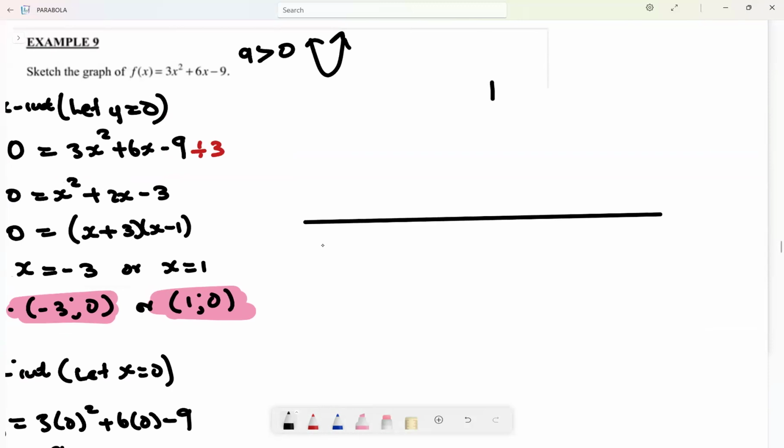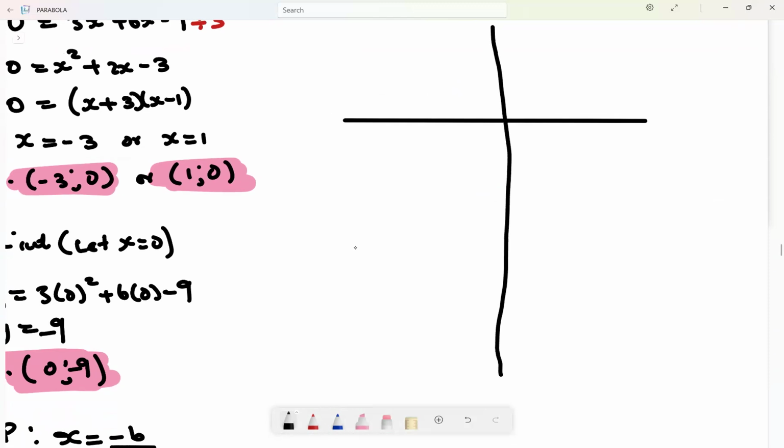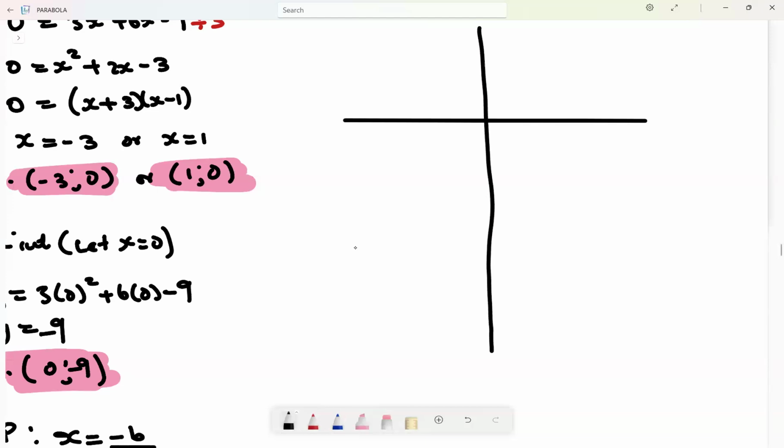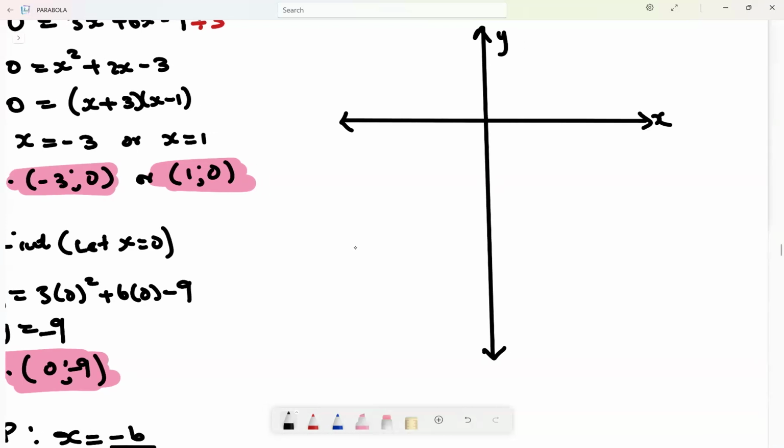I want to draw it nicely so that we are okay. Okay, this is my y, this is my x. Then the first coordinates that I have are -3 and 0.